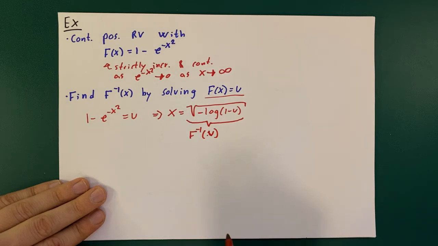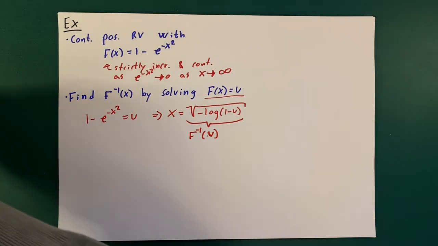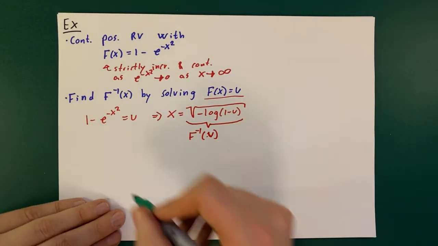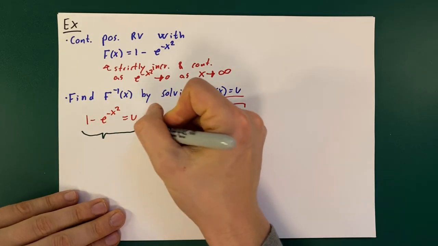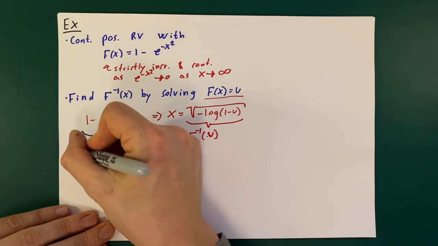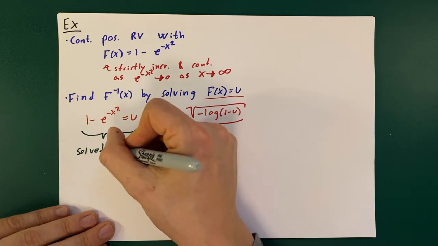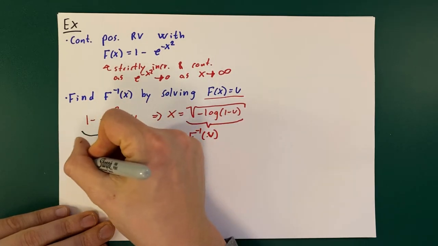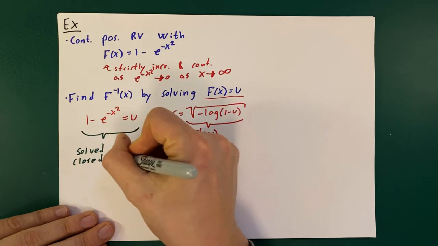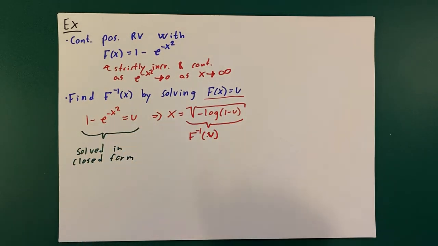Okay. Now I just want to add a small comment here, that this was the expression which we solved in closed form, but for a lot of cases you'll have to solve it numerically because there's no closed form.